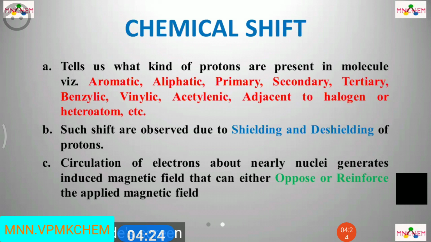Now, why we observe this chemical shift is due to the shielding and de-shielding of protons. When we take a circulation of electrons nearby the nuclei, the electron is a charged body and it is circulating, so it generates its own magnetic field, and that induced magnetic field can either oppose or reinforce the applied magnetic field.